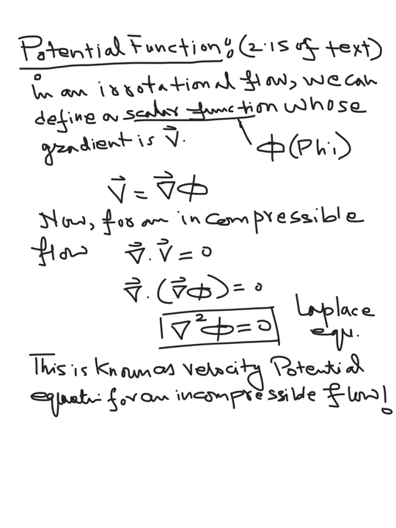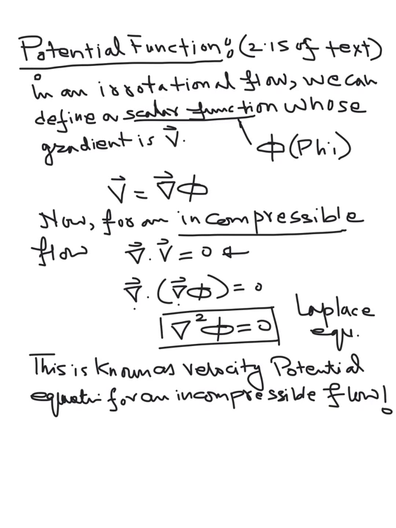However, I have to impose another condition, which is for an incompressible flow. For incompressible flow, we know that del dot V should be equal to 0. After substituting the value of V here, I obtain this equation by performing the dot product between two del operators.